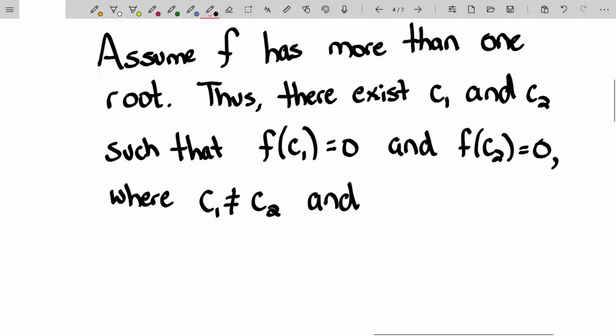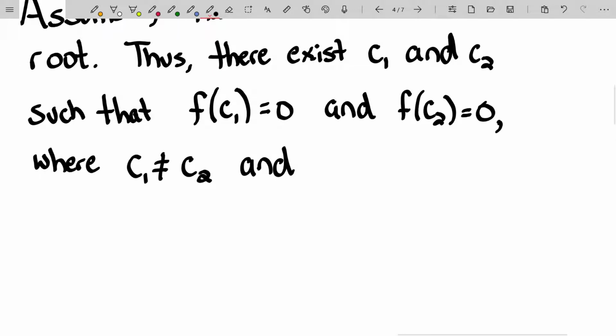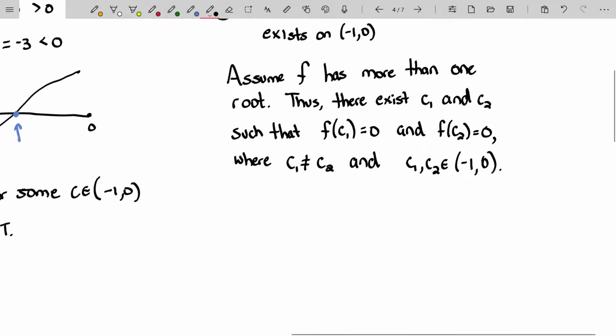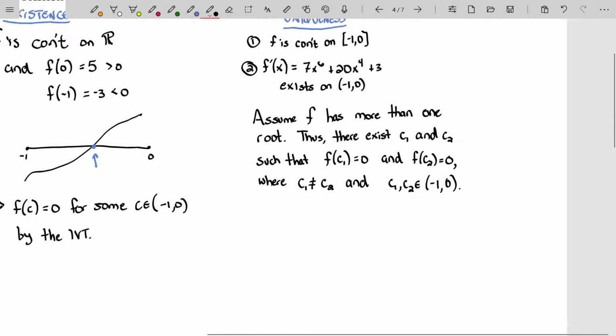But let's just go ahead and say C1 and C2 are in the interval -1 to 0. Okay, so assume f has more than one root, thus there exists a C1 and C2 such that f of C1 is equal to 0 and f of C2 is equal to 0, where C1 and C2 are not the same, and C1 and C2 are in that interval from -1 to 0.